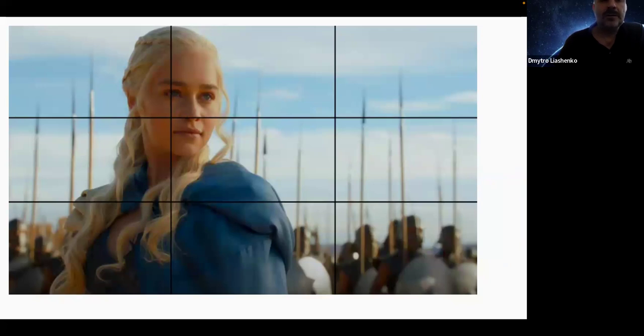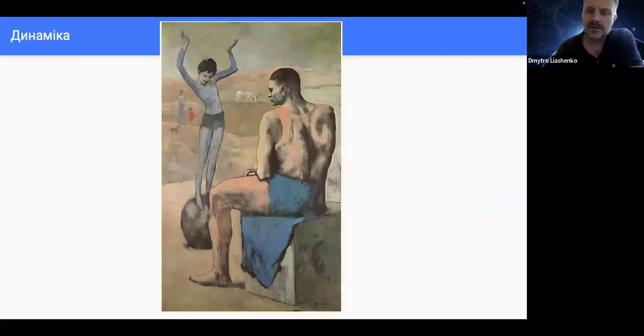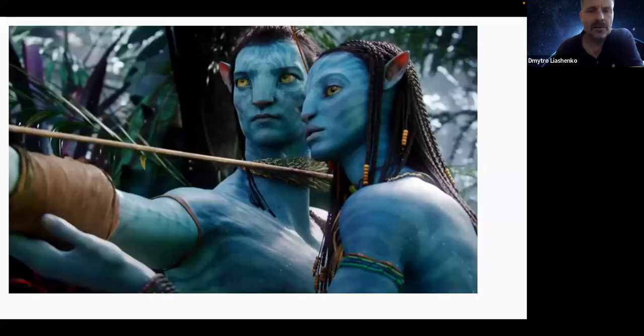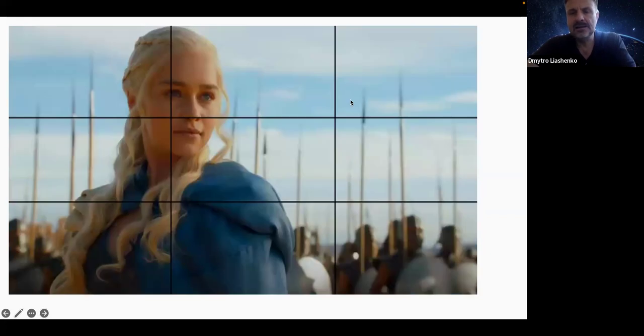The face of the princess is in the point of intersection of these lines. Also, the main object is not in the center of a sheet, of our screen, and is in these main points.